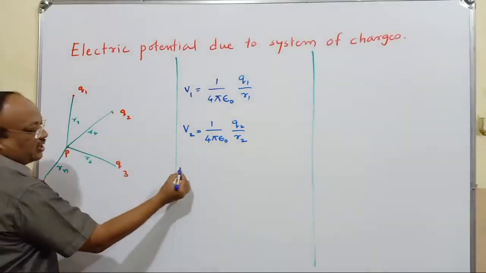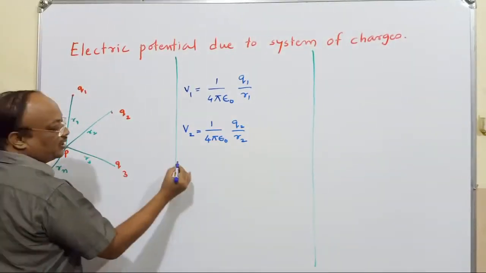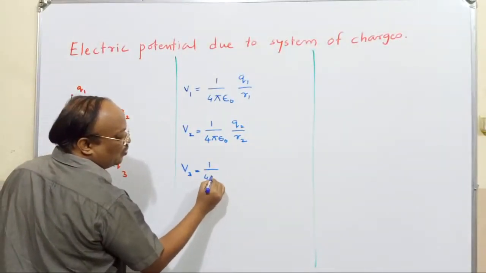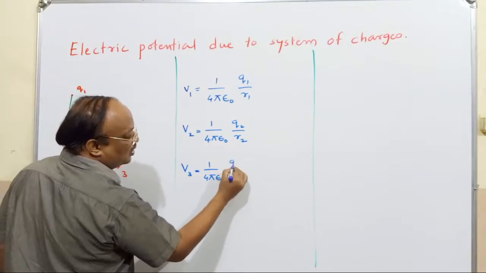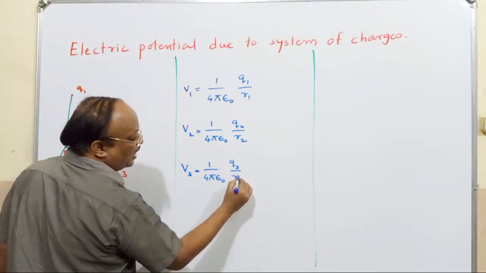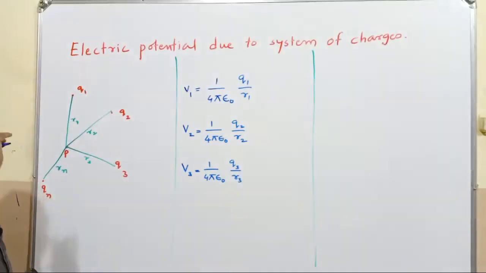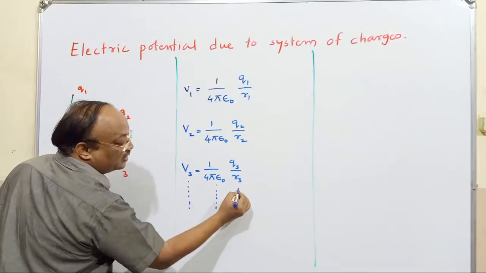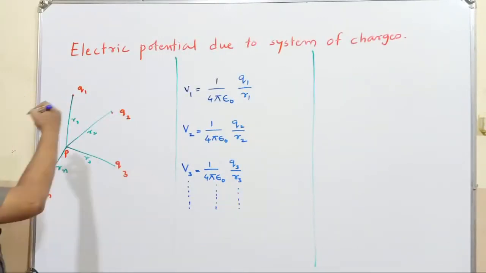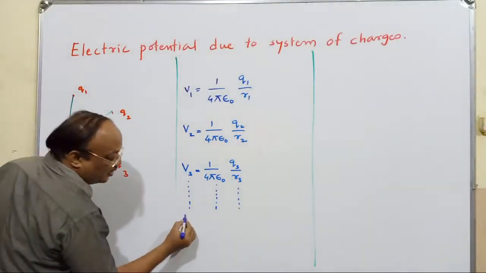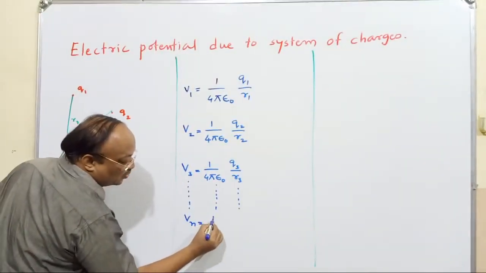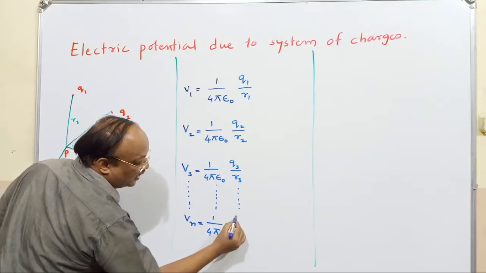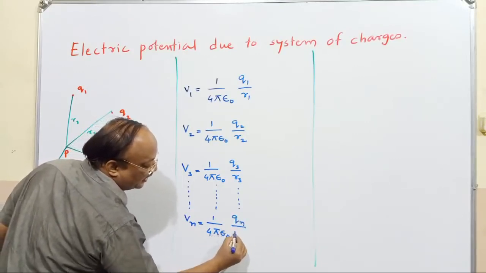What is the potential at this point because of Q3? V3 is equal to 1 by 4 pi epsilon naught Q3 by R3. In this way, if there are n number of charges in that system, then Vn is equal to 1 by 4 pi epsilon naught Qn by Rn.